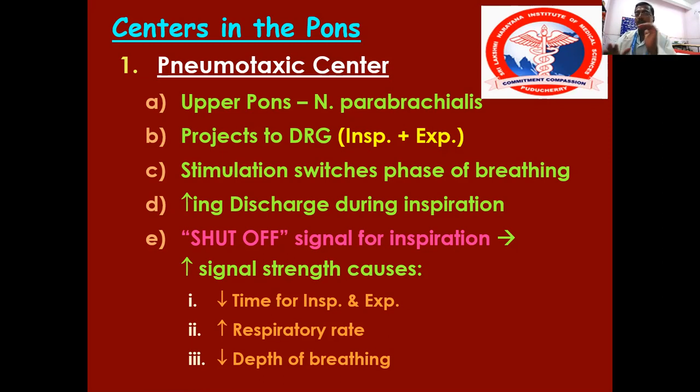So without deep breathing, there is no gap between the inspiration and expiration. Therefore, these centers will take charge and release the inhibitory impulses to the apneustic center. Finally, the inspiration will be shut off.